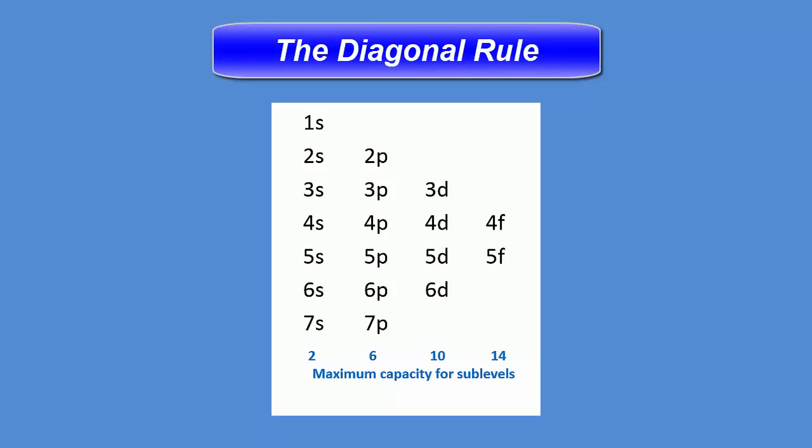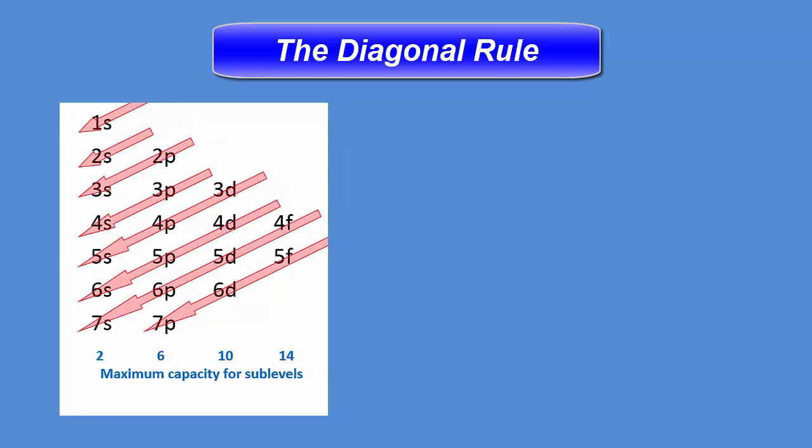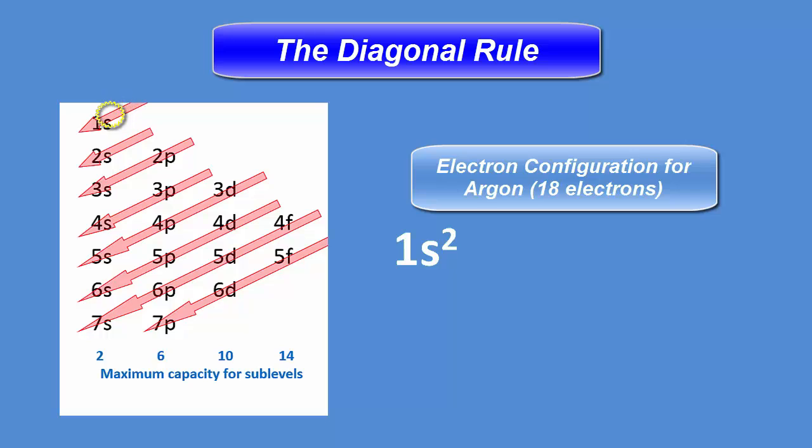The diagonal rule is one tool that can be used to help determine the proper order of sublevel filling. The construction of the diagonal rule is pretty straightforward. Each row would be a different principal energy level or main level, and then each column are the different sublevels, S, P, D, and F. And so what you would do to finish the construction of this is to draw parallel arrows going diagonally through these sublevels, and then what you would do to write the configuration is start at the very top with the first arrow and follow each arrow from tail to head.